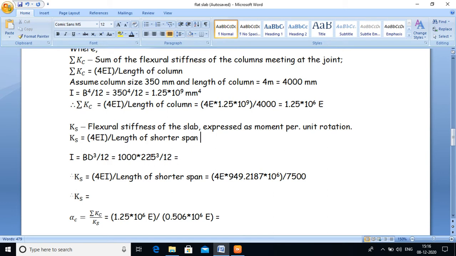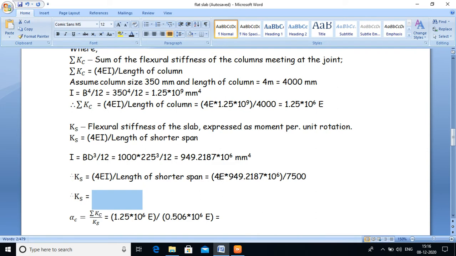That depth we consider as the average depth, and the magnitude of the moment of inertia after calculation is 949.2187 into 10 raised to 6 mm to the power 4. This is the moment of inertia for the slab. When we put this value in the stiffness formula, the length we have considered as the shorter span, and for the value of I we have put it.